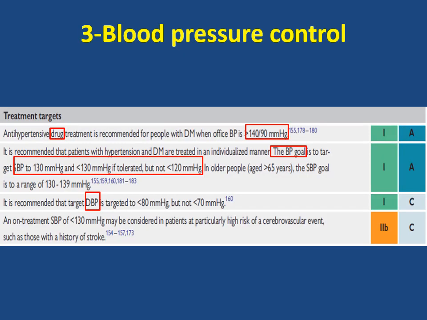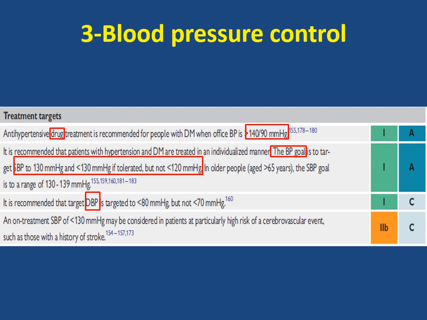The third point in the prevention of cardiovascular disease in patients with diabetes is blood pressure control. Antihypertensive drug treatment is recommended for patients with diabetes when office blood pressure is above 140/90 mmHg.